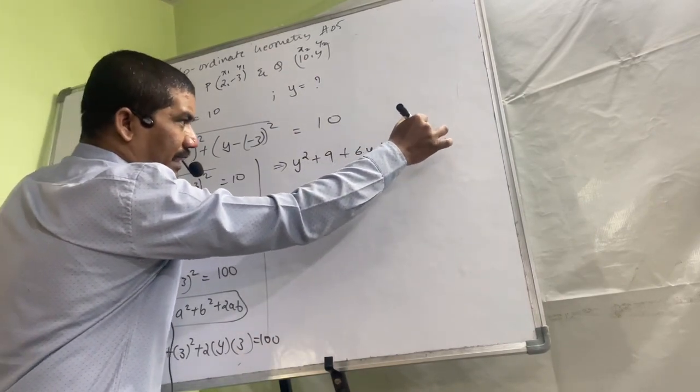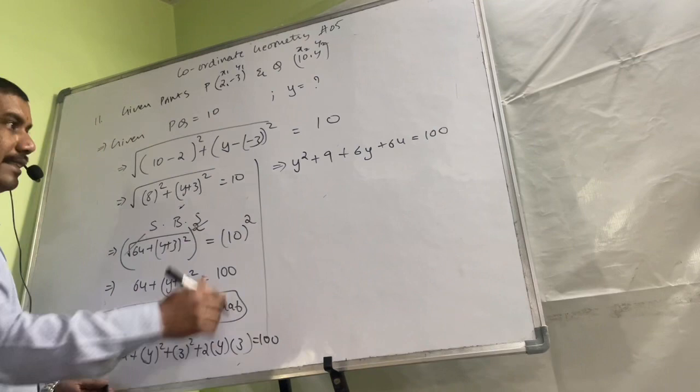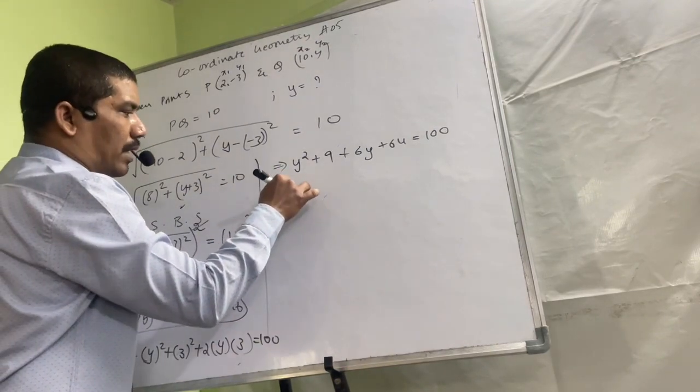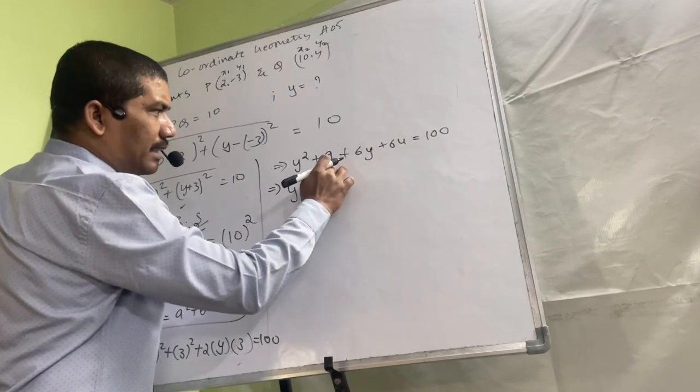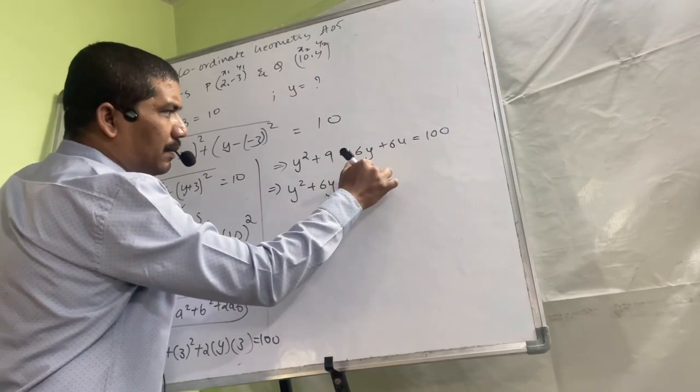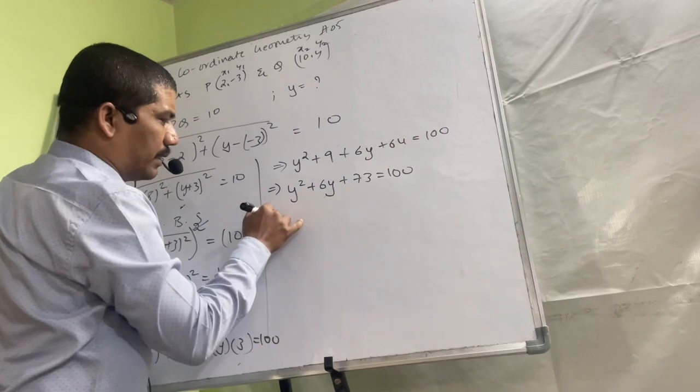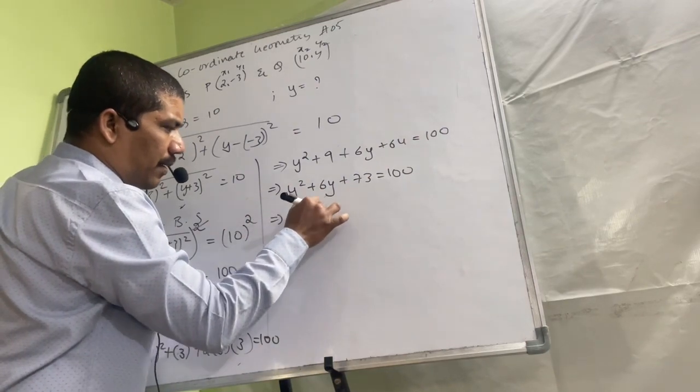Plus 64 I am writing at the end. Right side 100. So y square plus 6y, 64 plus 9 is 73, equal to 100.